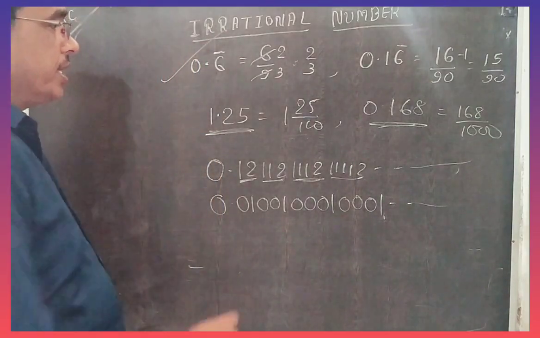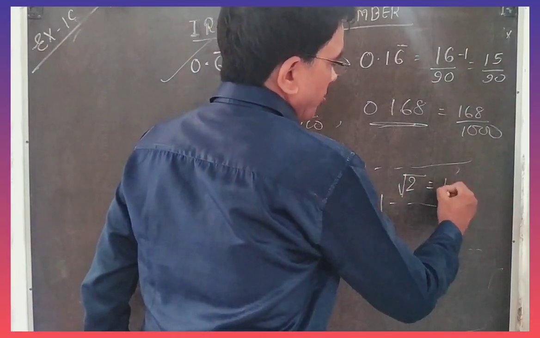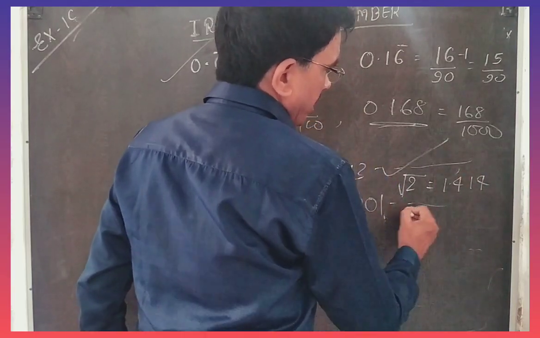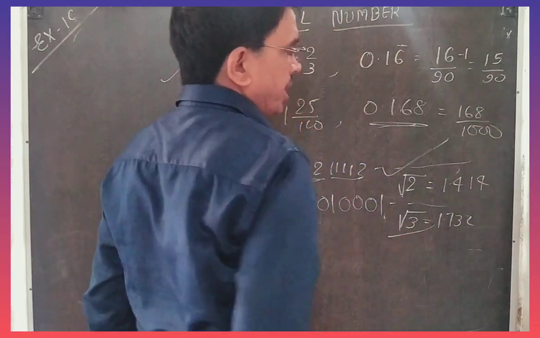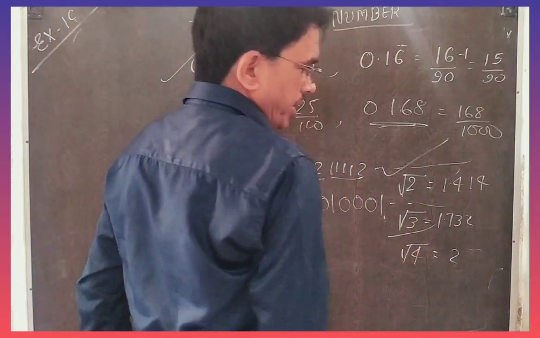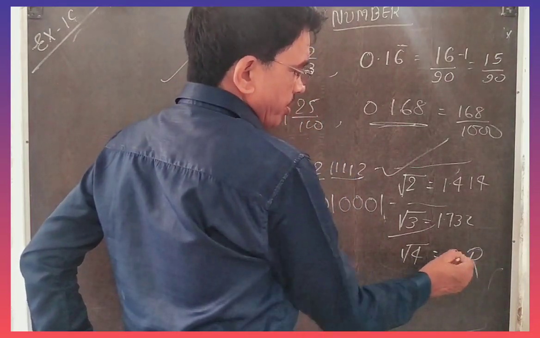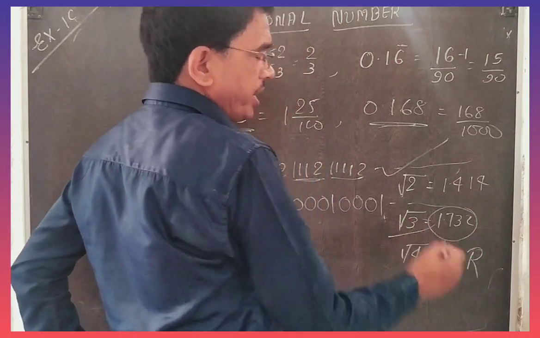And the other case is when a number has no perfect square root. Root 2, its value is 1.414, is also an irrational number. Root 3, its value is 1.732, is also an irrational number. Root 4, its value is 2. It is not irrational, it is rational, because when you multiply 2 into 2, you get 4. But when you multiply 1.732 into 1.732, you cannot get 3.